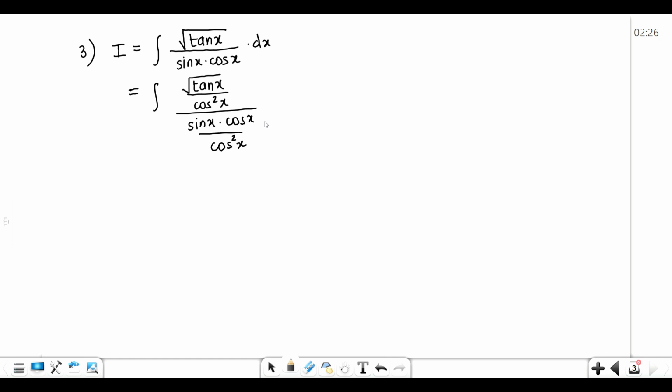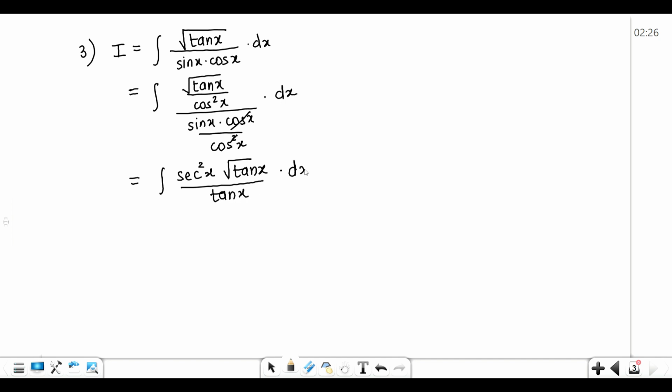Okay, dx. Then what will happen here is, in the numerator we can write 1 upon cos square as sec square, square root of tan x. Okay, and in the denominator one cos will get cancelled and one cos will be left, that sin upon cos will give you tan dx.